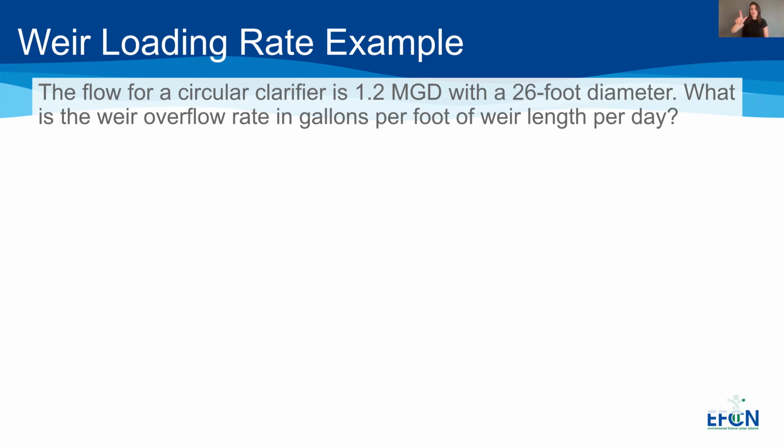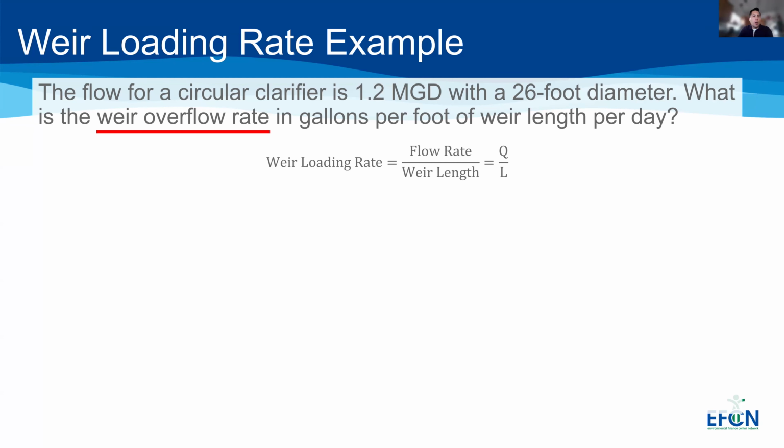Like we said, whenever we have a word problem, we look for that word weir. If we see weir overflow rate, we know that we have a formula that may work for this. Now, in a lot of formula sheets, such as the NMED or the ABC formula sheets, they may call it the weir loading rate.